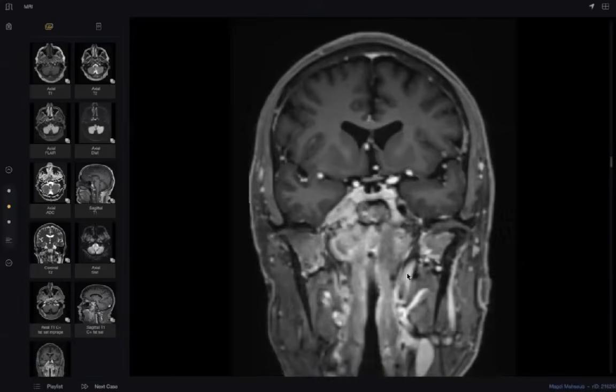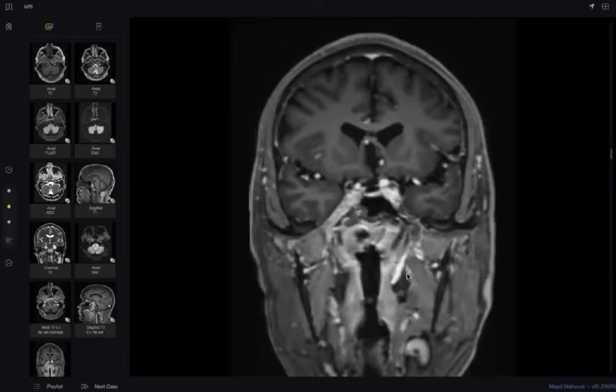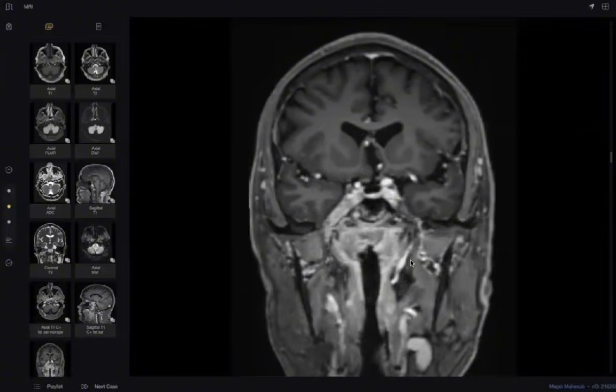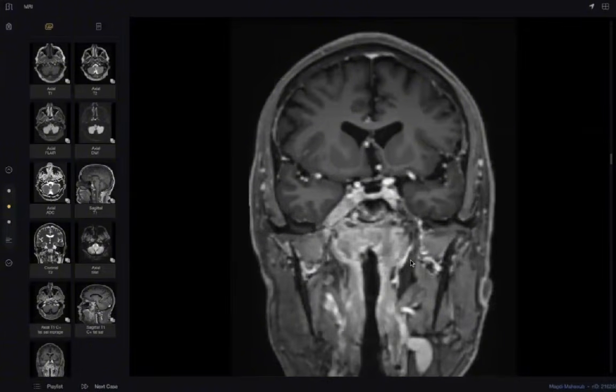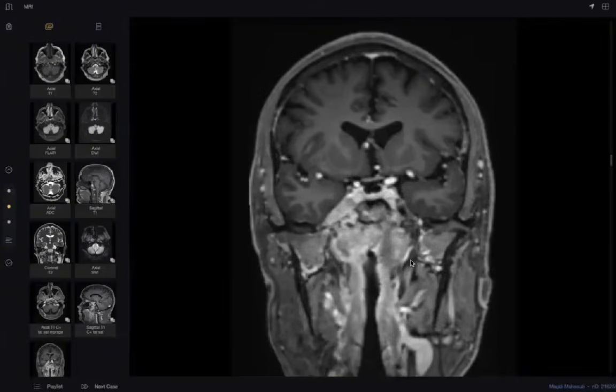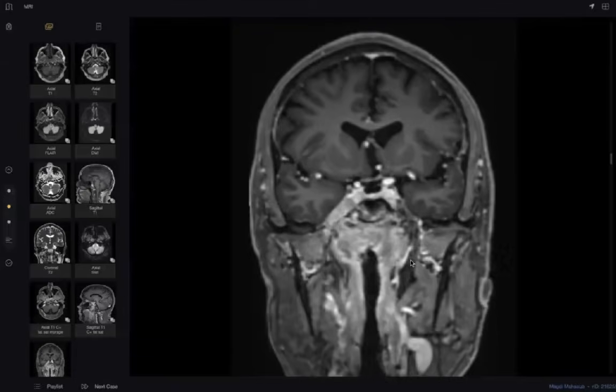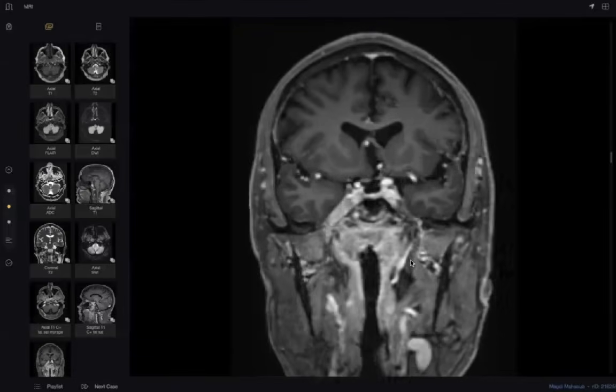What is the name of the process that you just described? You described a nasopharyngeal mass that extends into the cavernous sinus. What is the name of this process? Intracranial extension. Yes. What is the means of extension here?